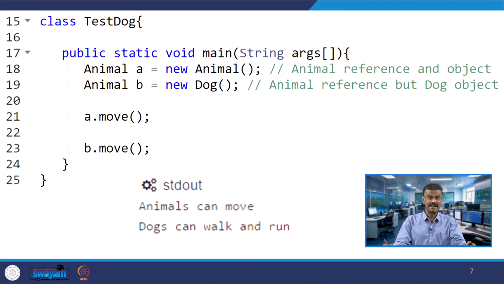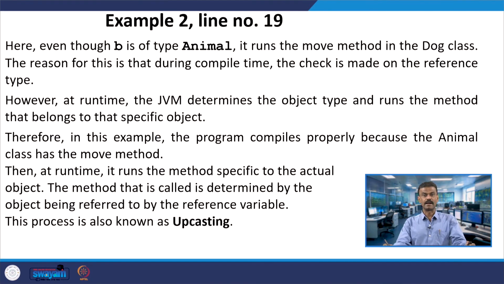So during compilation time, B is an Animal, but during runtime, the Java Virtual Machine (JVM) determines the object type, and it runs the method that belongs to that specific object.